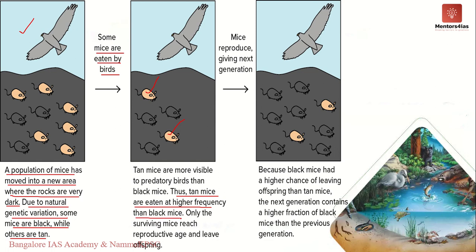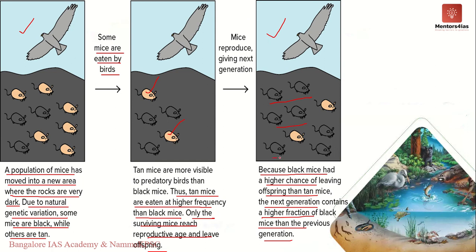Hence, only the surviving mice reach the reproductive age and leave offspring. So what will happen? Only those mice which are dark in color will be able to reproduce more. Because the black mice had a higher chance of leaving offspring than the light colored or tan mice, the next generation contains a higher fraction of black mice than the previous generation.